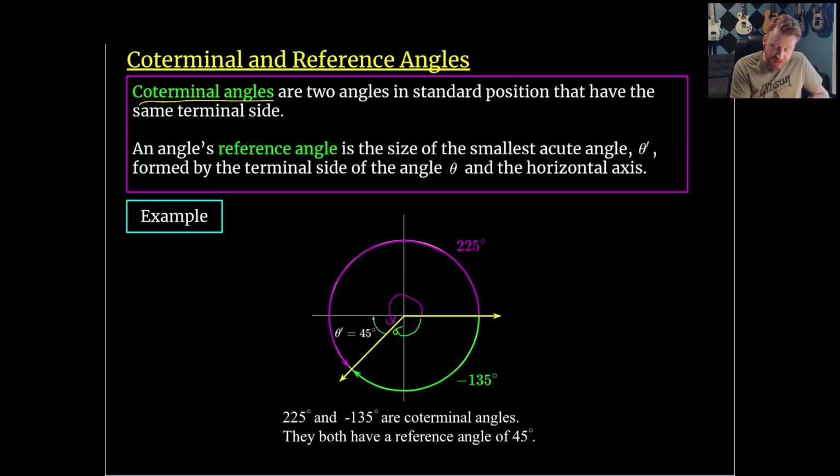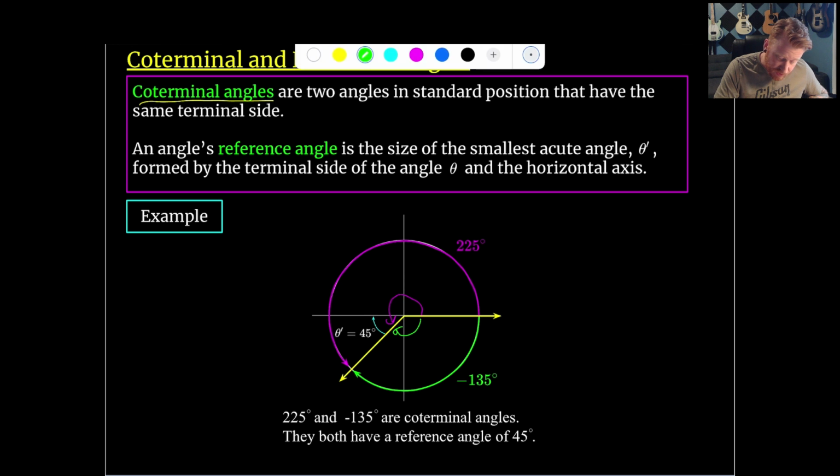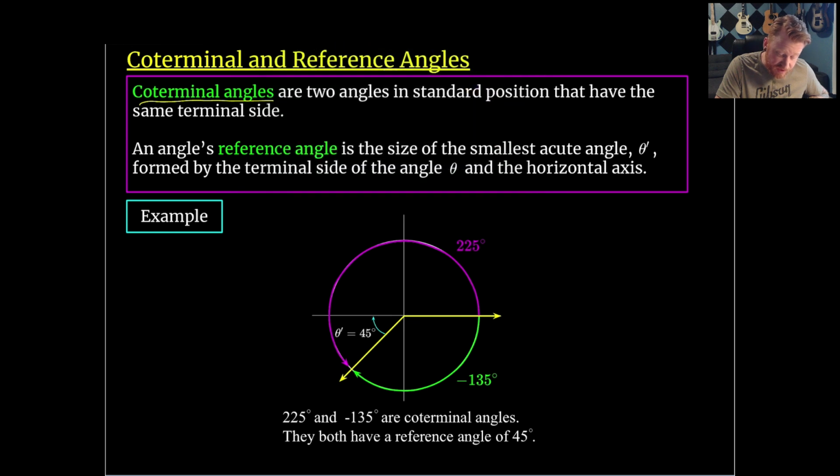But we get this reference angle by looking at the smallest acute angle formed by the terminal side of the angle we're looking at and the horizontal axis. So for the one that we're looking at here, let me just get rid of some of those other markings. For both angles here, since they share the same terminal side, we're just looking for the closest x-axis, or the horizontal axis rather, in case it's some variable other than x.